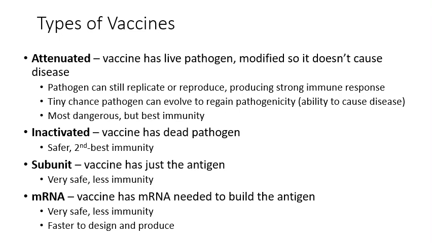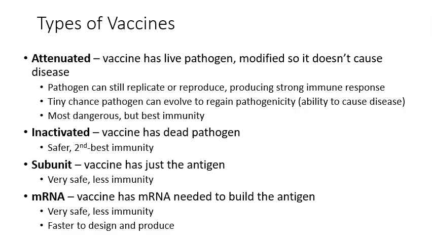And the newest kind of vaccine is the mRNA vaccine, which didn't exist before COVID. This kind of vaccine contains mRNA for building the antigen. For the COVID mRNA vaccines, COVID had the spike protein on its surface that would bind to host cells and enter host cells. And in the mRNA vaccines, they included the mRNA for the spike protein.